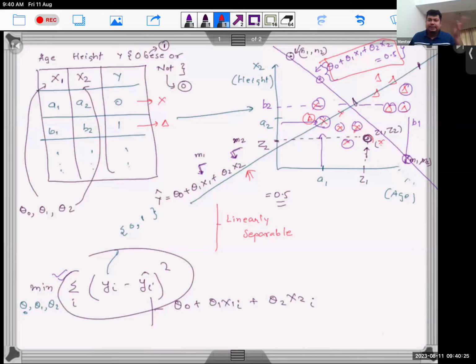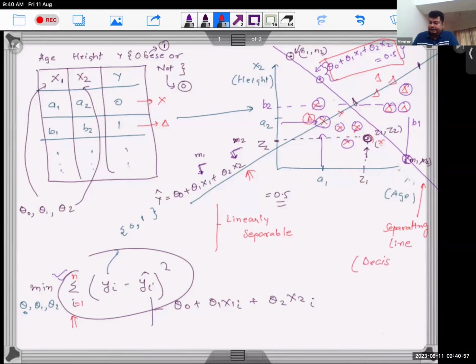A few other things to keep in mind: when I minimize this function, there is a summation involved, so every point contributes in determining the thetas, the orientation of this line. Keep that in mind, I'm going to use it in the latter half of this course. So in linear regression, this separating line is also called a decision boundary.